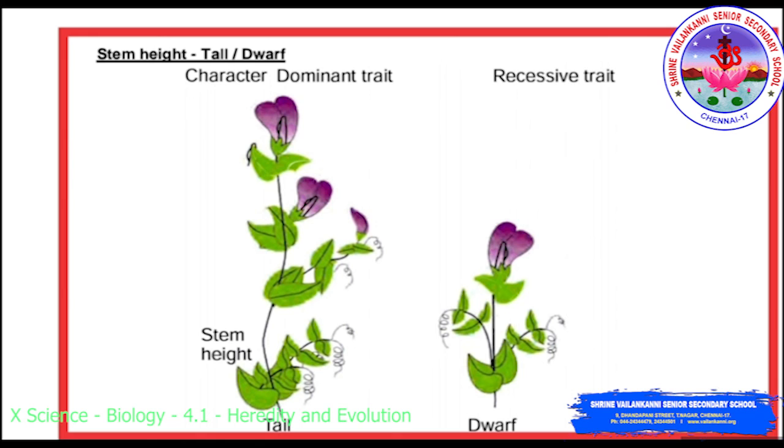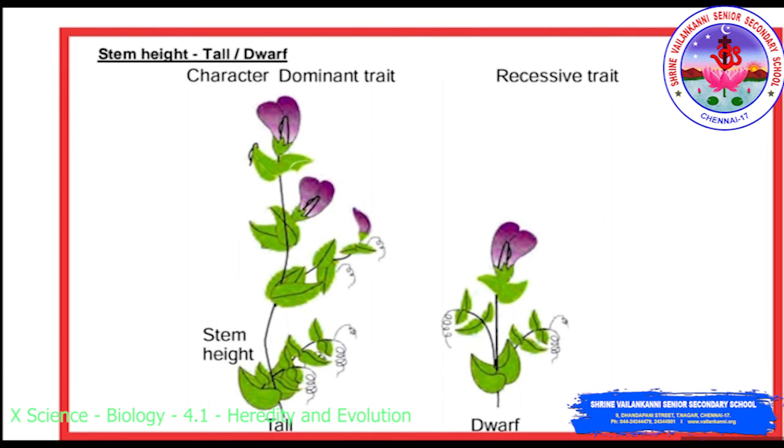That very important trait is stem height, whether the stem is tall or dwarf. Dwarf is small. Based on stem height we consider whether the plant is tall or small.